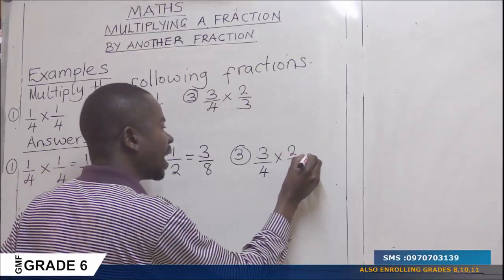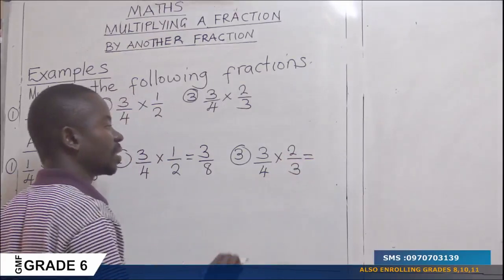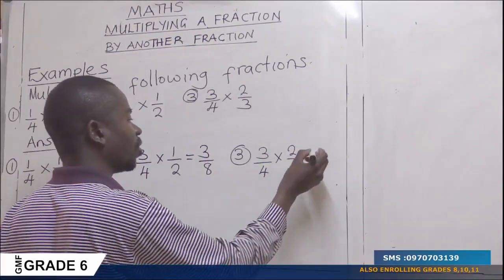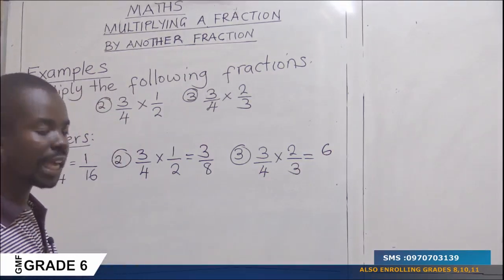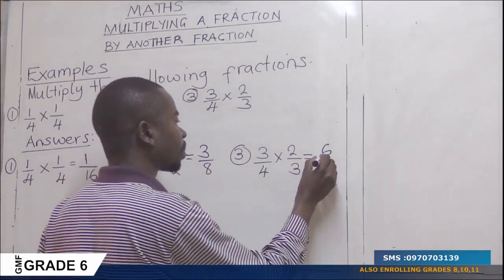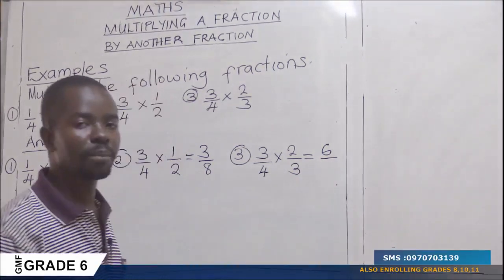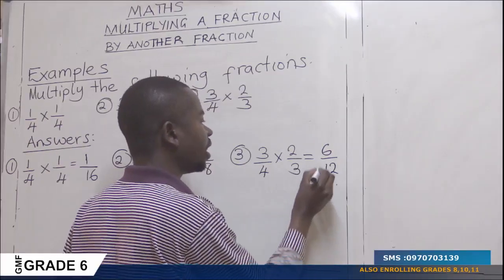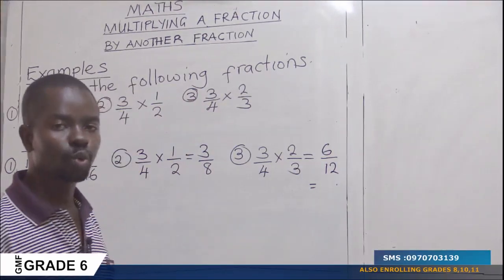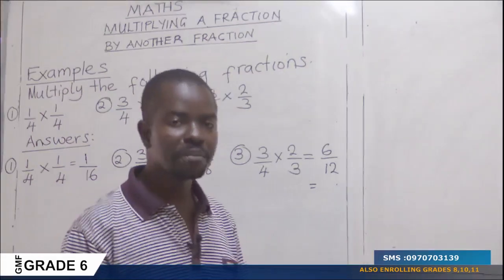When we multiply the numerators, 3 times 2, the answer is 6. What is 4 times 3, boys and girls? 4 times 3, the answer is 12, and 3 can go in 6 and 12 without leaving a remainder.